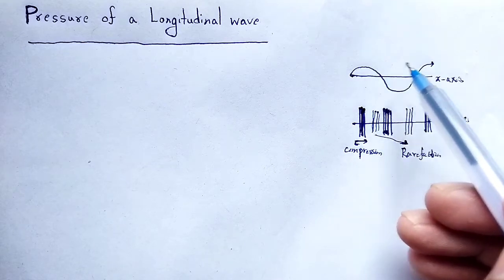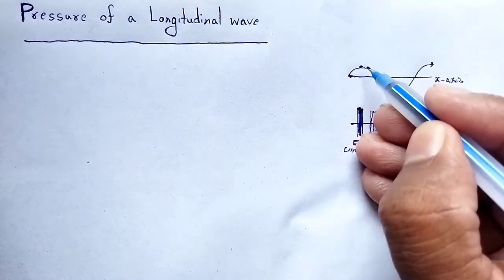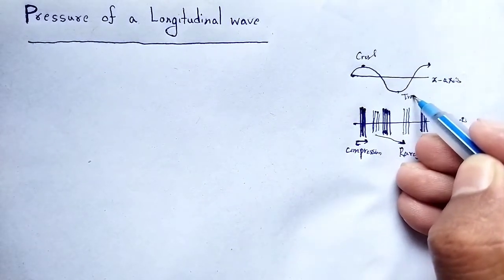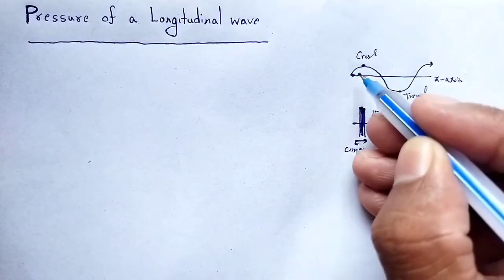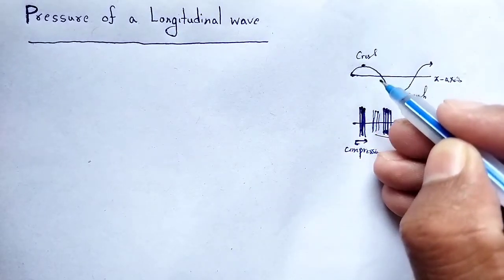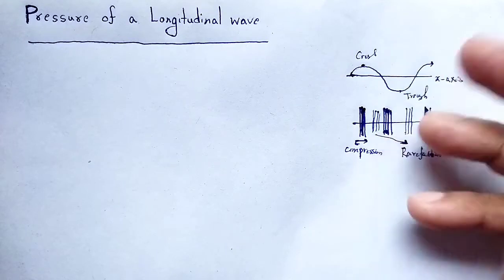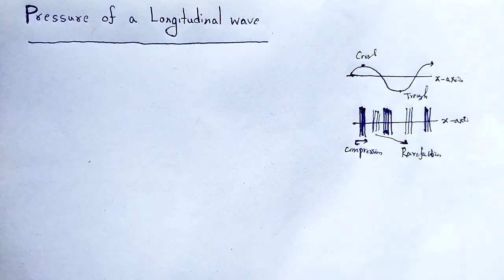In the case of a transverse wave, there is a crest and a trough, and the particles are vibrating in SHM throughout the medium. There will be no such variation of pressure.